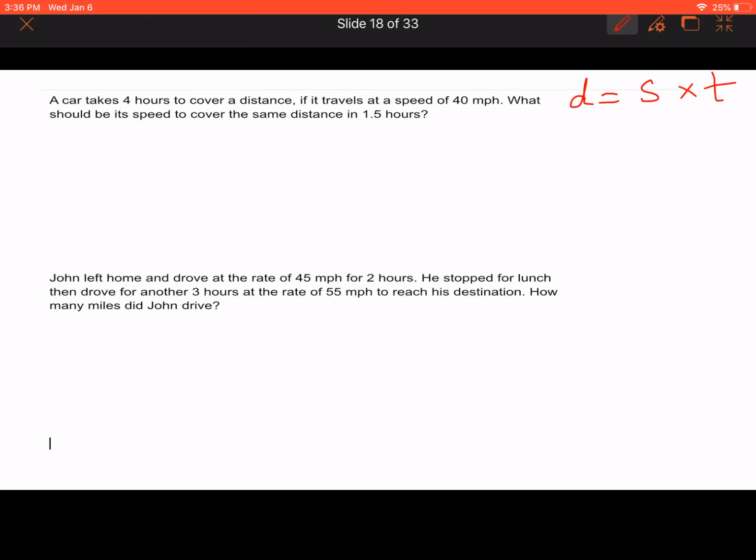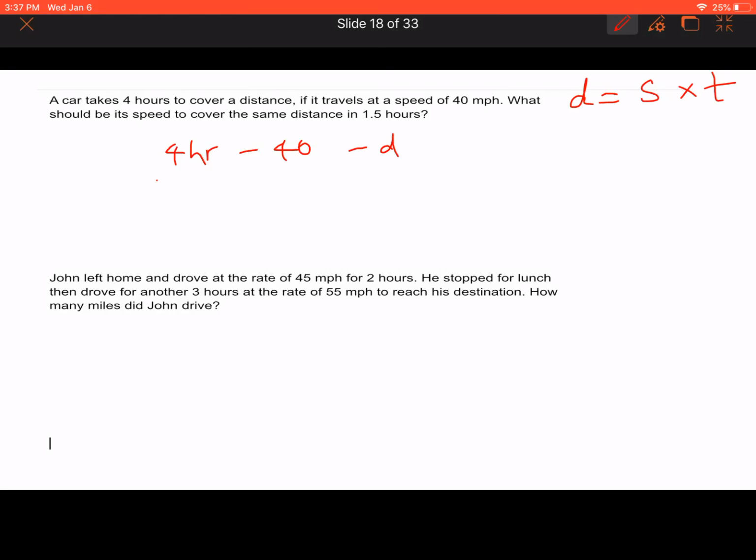Your car takes 4 hours to cover a distance. If it travels at a speed of 40 miles per hour, what should be its speed to cover the same distance in 1.5 hours? In 4 hours, it moves at a speed of 40 and covers a distance.